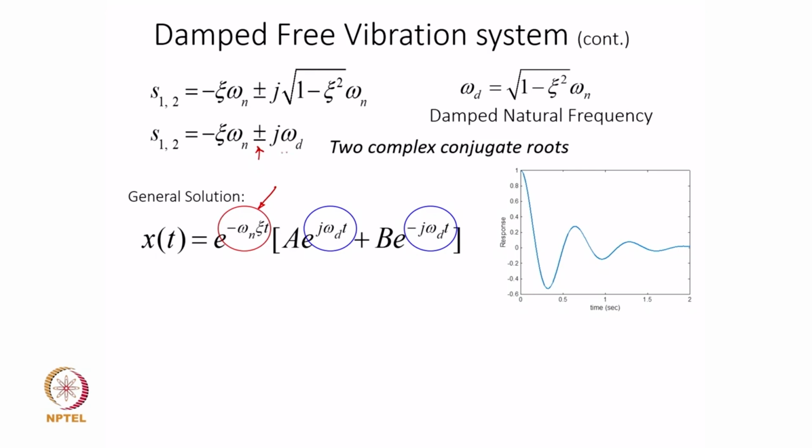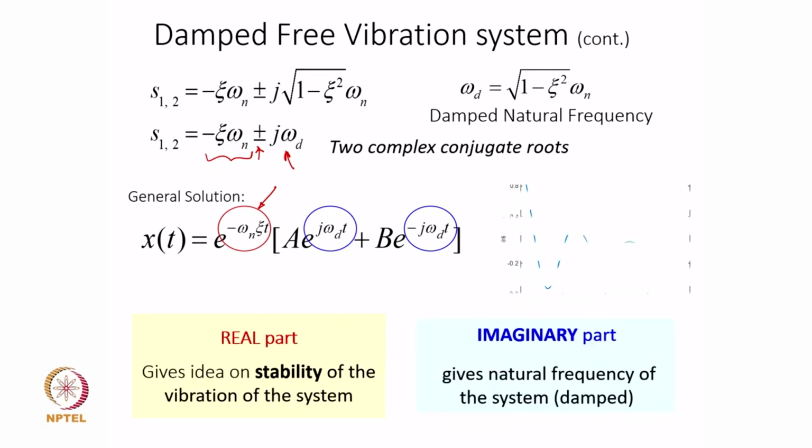So, the real part is indicative of the stability behavior of the system, whereas the imaginary quantity is going to be your frequency of oscillation. That is the takeaway from this discussion: when you get the two roots of a damped vibratory system, the real part gives us an idea of the stability of the vibratory system, and the imaginary part gives us the damped natural frequency of the system.